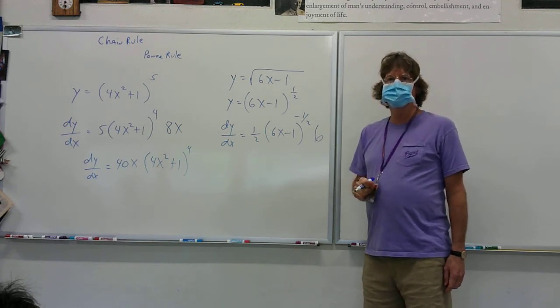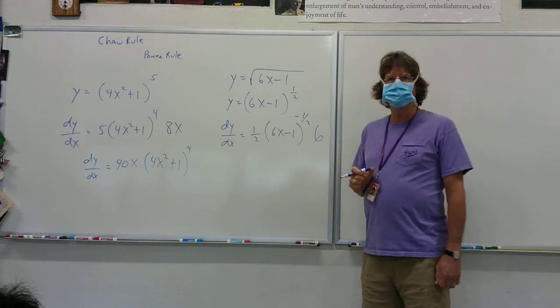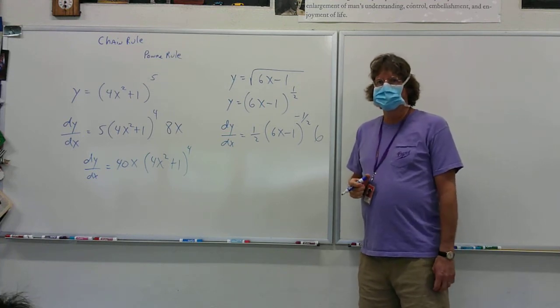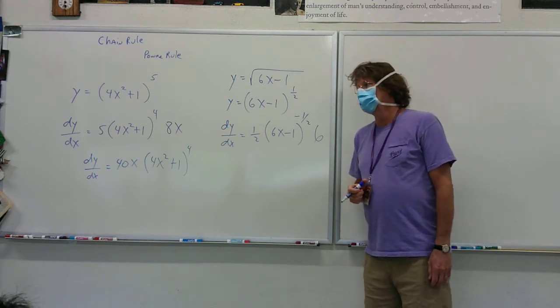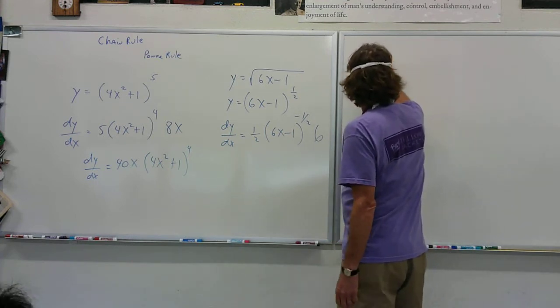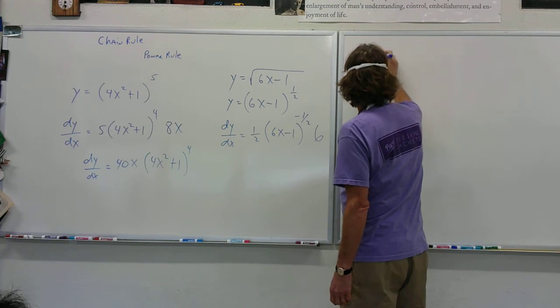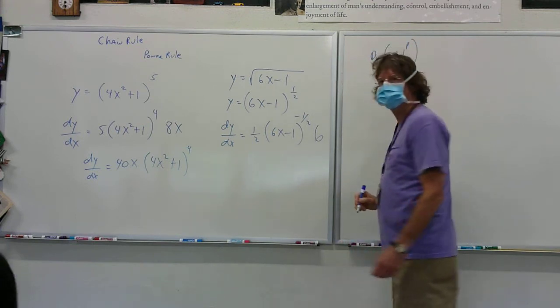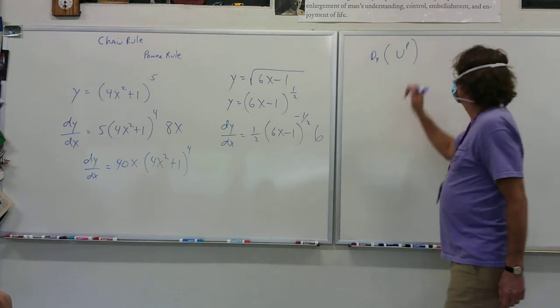Okay. And that's how the power rule works. Really nice and simple. If you're going to take the derivative, you have u raised to some power, right? Is that okay? Then what do you get?